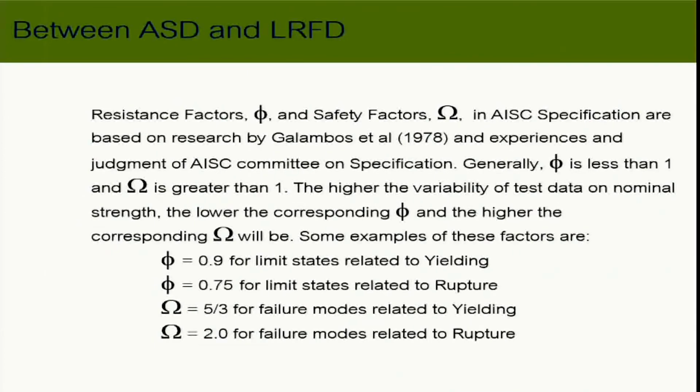Whenever you are dealing with yielding, the reduction factor is only 0.9 and the factor of safety is only 5/3. But when you're dealing with rupture, which is more critical and more dangerous, the phi factor is less and the factor of safety is more. This just reflects the behavior of the structure based on failure.